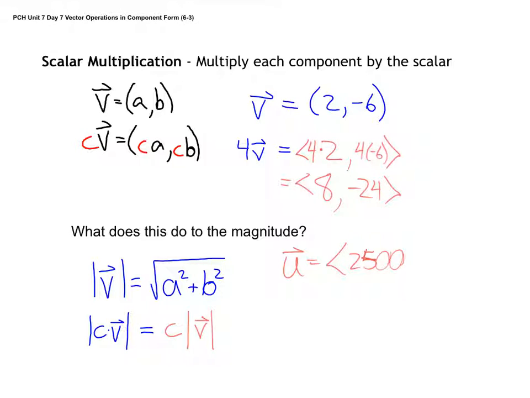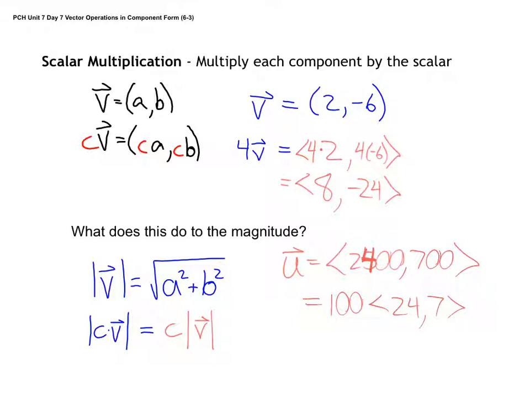Let's make this 2400. Okay. And 700. I could simply write u as 100 times the vector 24, 7.